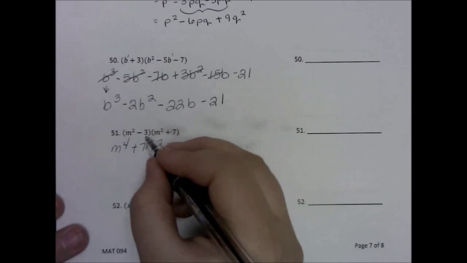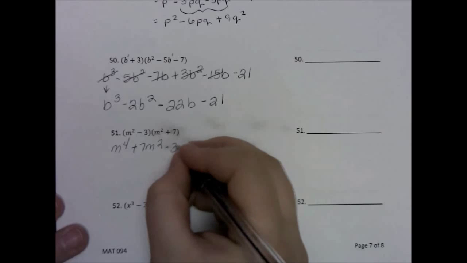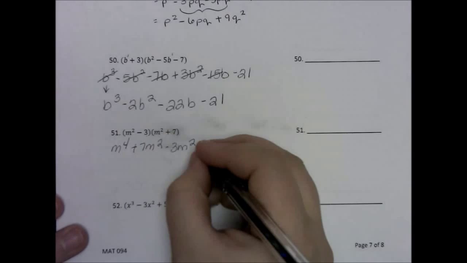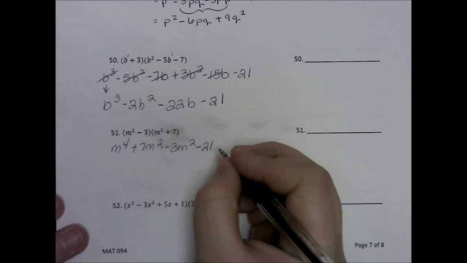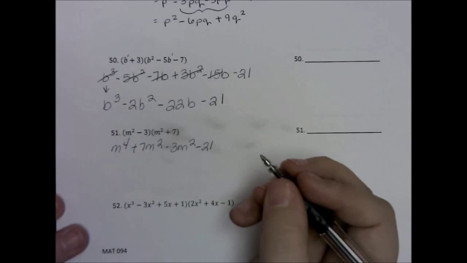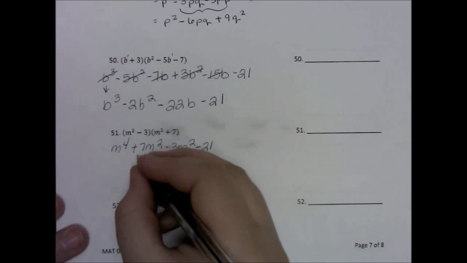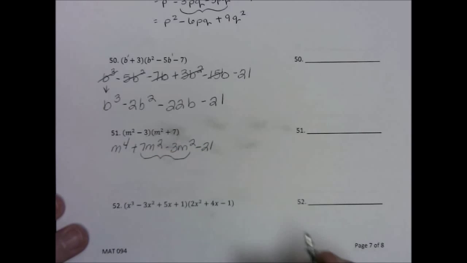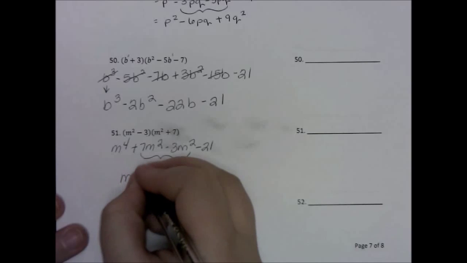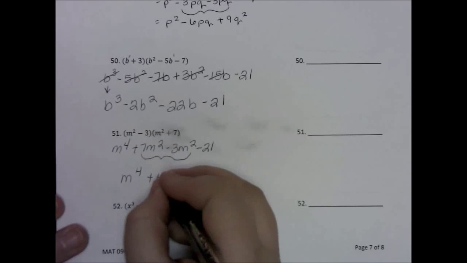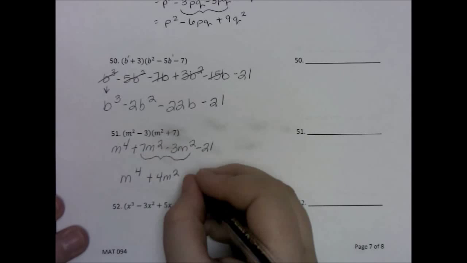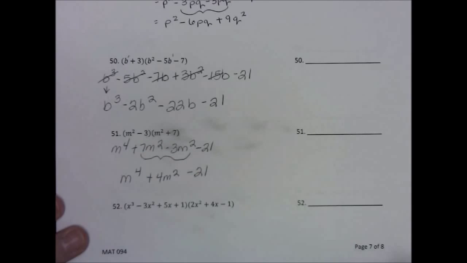Negative 3 times m squared is negative 3m squared. Negative 3 times 7 is negative 21. Now I can combine my like terms. So I have m to the 4th plus 4m squared, because 7 minus 3 is 4. Bring down your minus 21.